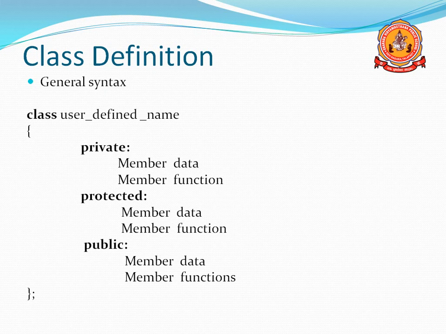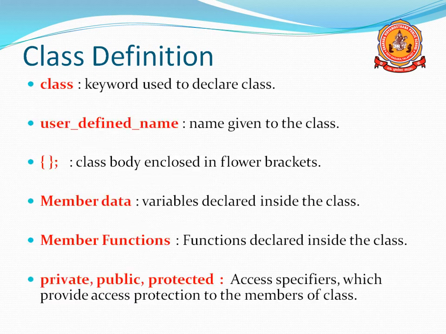Inside protected we can declare member data and member functions. Inside public also we can declare member data or member functions. In a program we can use all three, any one or any two, based on the program. We will see one by one.